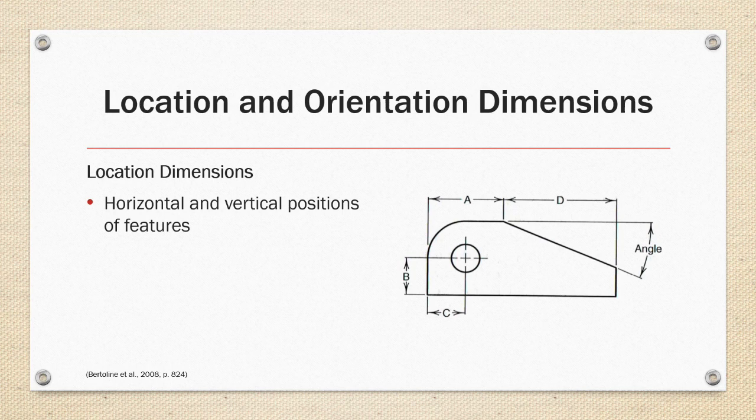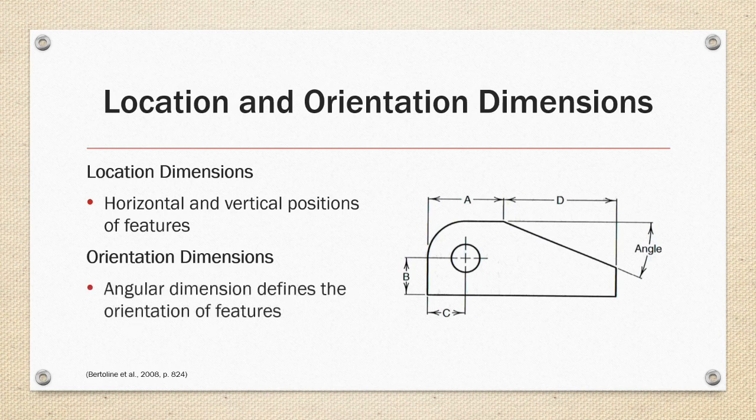In the example on the right, dimension A defines the horizontal position of the corner where the angle begins, and dimensions B and C define the horizontal and vertical position of the center of the hole and external radius. Orientation dimensions are concerned with angular orientations of features, such as the example on the right.